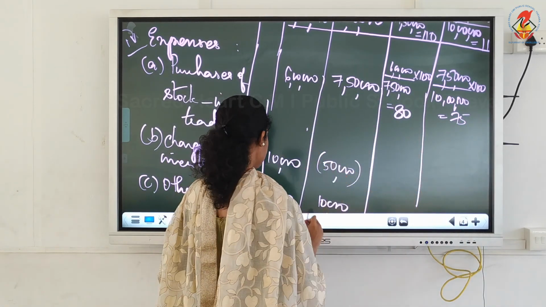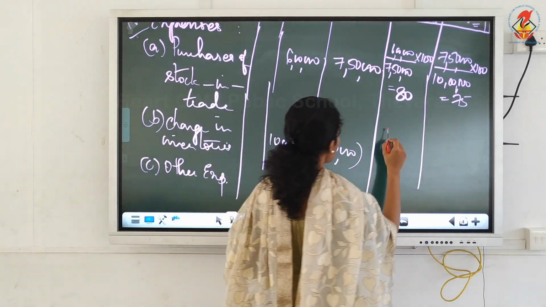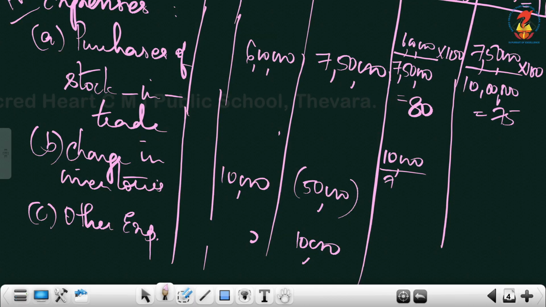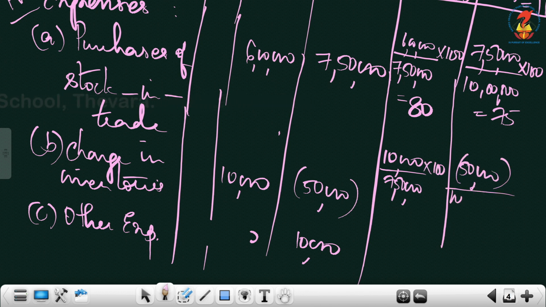Here it will be 10,000 by 7 lakh 50,000 into 100. Here it is minus 50,000 by 10 lakhs into 100. So the percentages are 1.33 and minus 5.